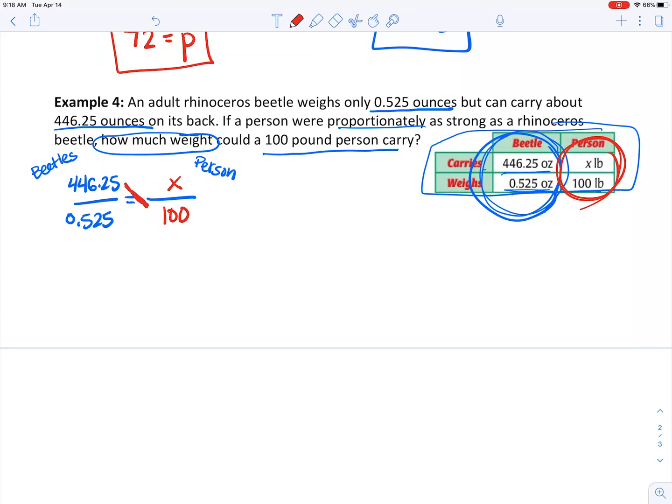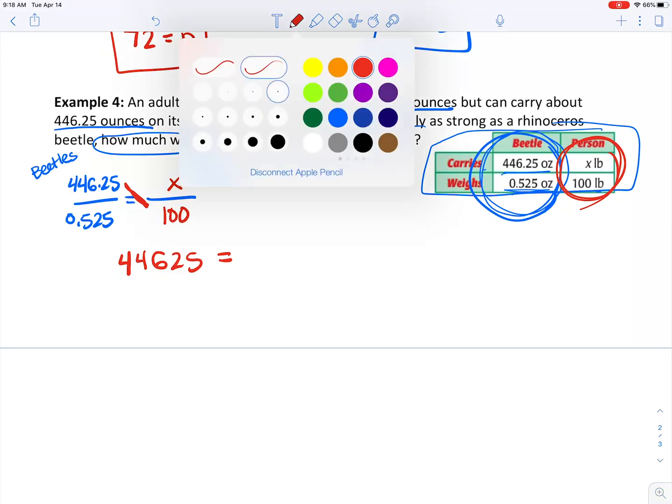Okay, and now I do my cross product. So I take 446.25 times 100, which if I do that, that's 44,625.